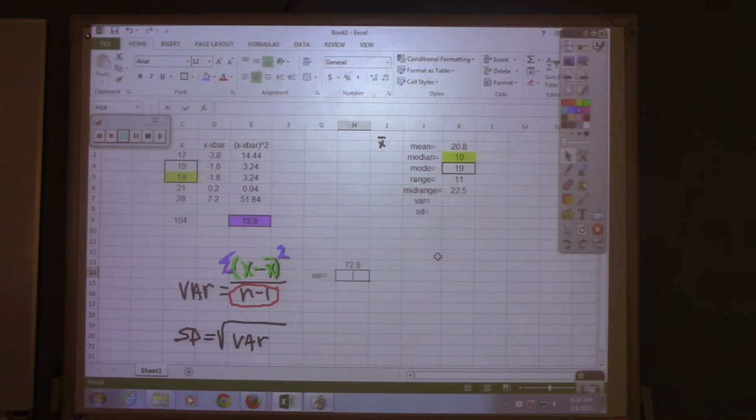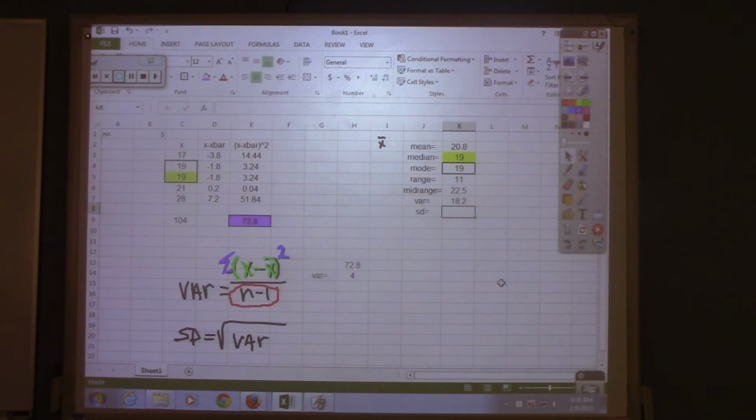So, equals N, which is up here, minus what? 1. And there's your two numbers. Equals 72 divided by what? 4.